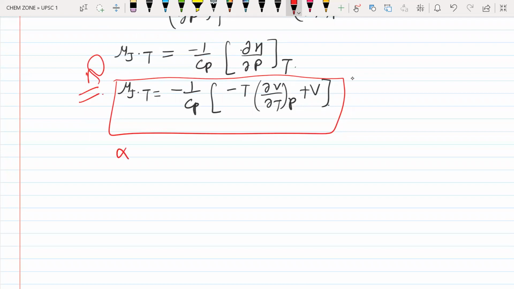Now, we know that alpha is known as thermal expansion coefficient.